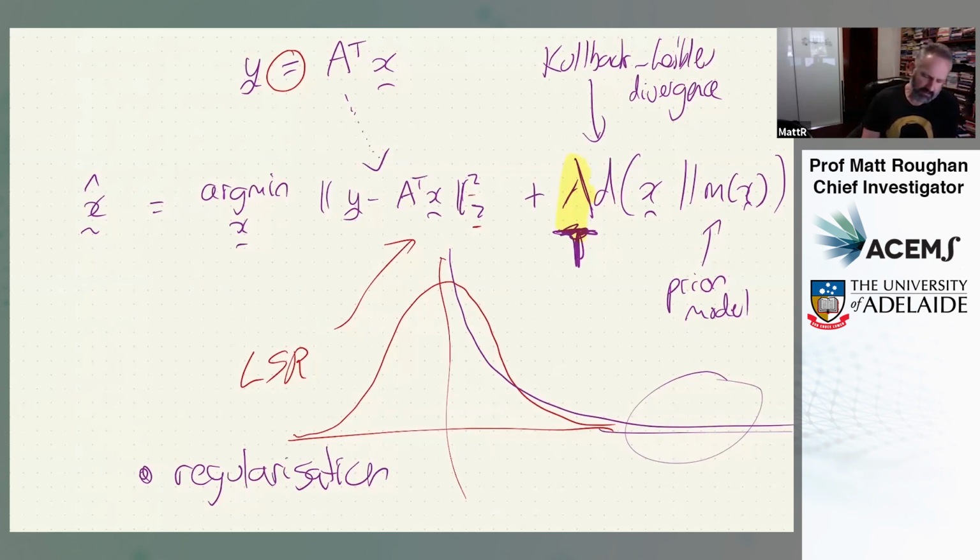If I think my errors are small, if I think these measurements are really accurate, I want to emphasize this part of the problem. And so in that case, I would choose lambda small. And that would mean the distance component would be very small, it would have little influence, and I would be focusing on getting these equations from it.